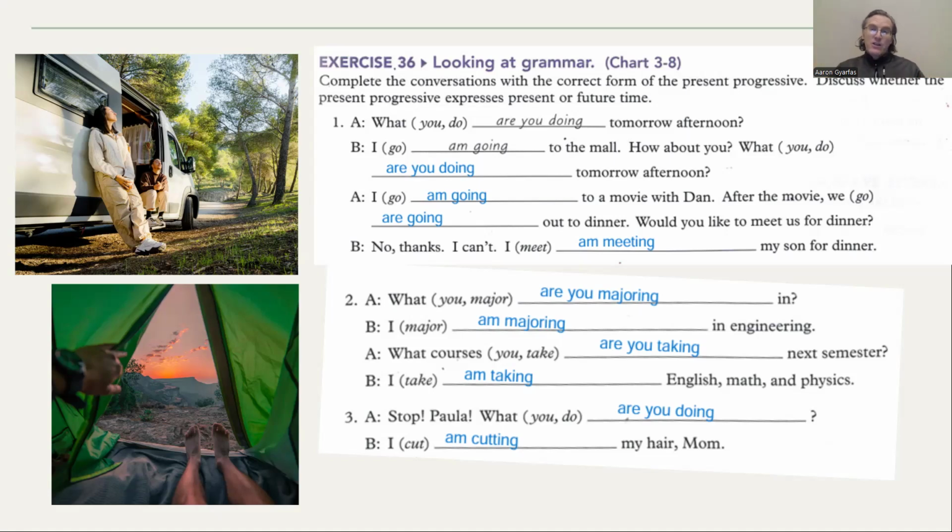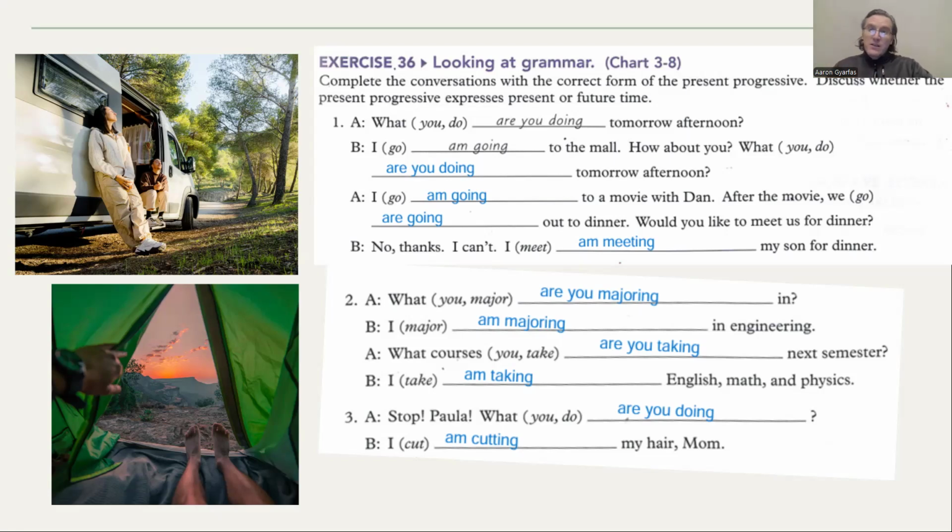But in the second question, I am going to use present progressive for future, next semester. What courses are you taking next semester? I'm taking English, math, and physics. That's future. And then example number three, what are you doing? Means what are you doing right now? Okay, I am cutting my hair. I'm cutting my hair now, right?